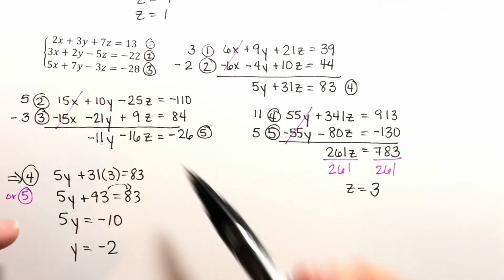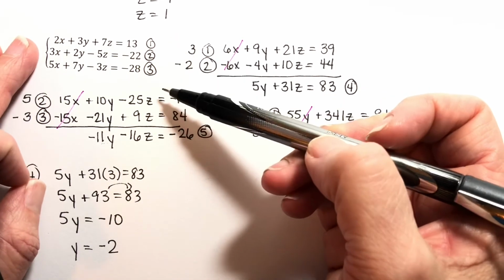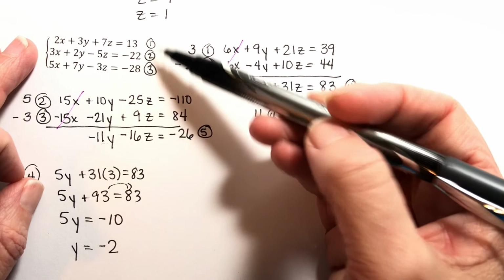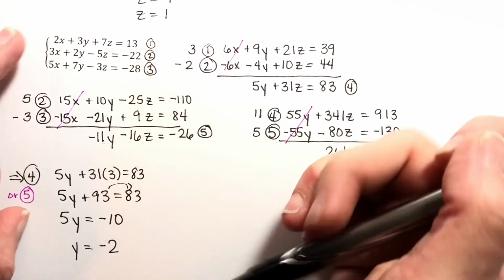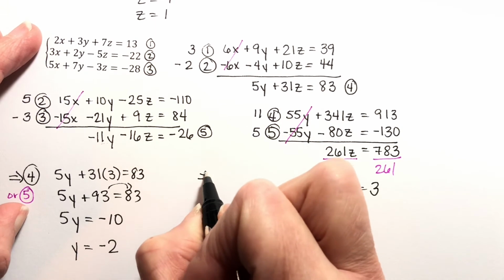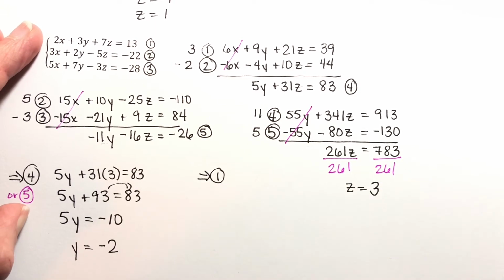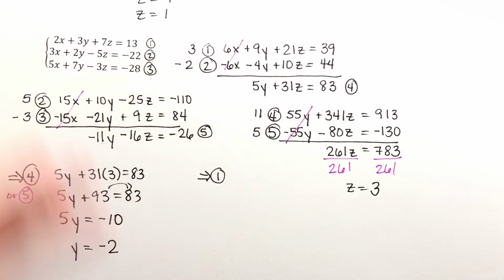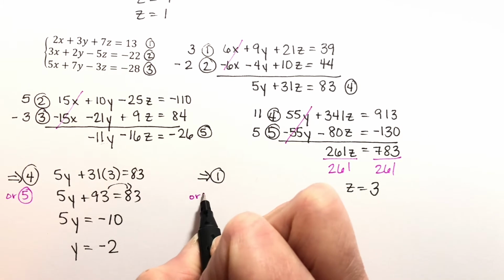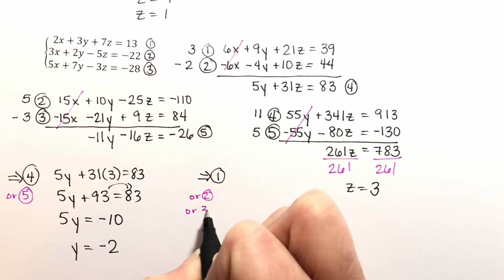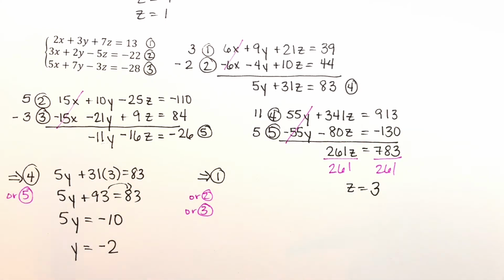One last step, I need to find x. The only place we still have x's are in 1, 2, and 3. So just pick one, and I guess I'm going to choose number 1. The numbers are a bit smaller and there aren't negatives involved. That's just a reason, not the best reason or the only reason. But you could have gone into 2 or 3 at this step and it should work out.